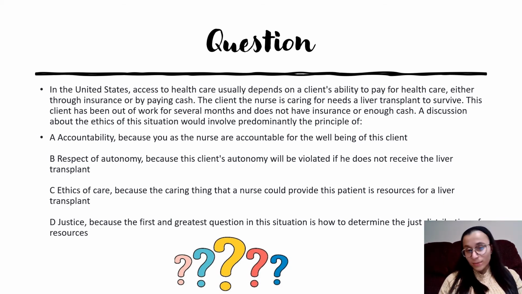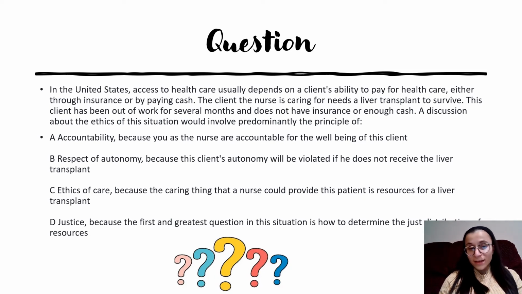So number one, accountability, because you're accountable for the well-being of this client. Number two, respect of autonomy, because it'll be violated if they don't receive the liver transplant.